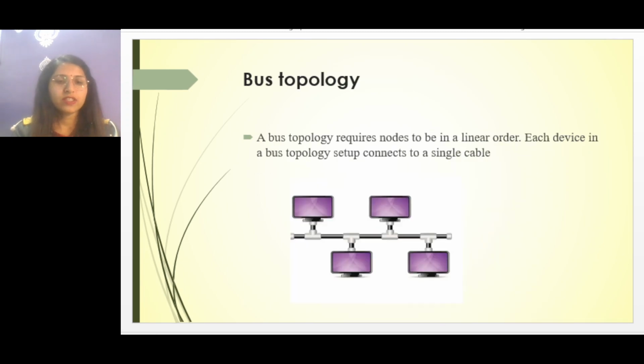The next topology is a widely used topology. Now it is rarely used, but you can get most of the questions on this. What is a bus topology? In the bus topology, all the nodes are connected in a linear order. There will be a single cable and the connections between the lines.